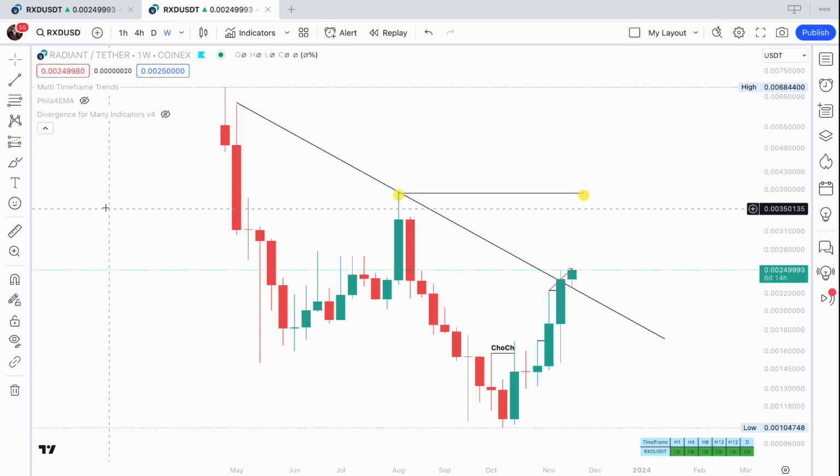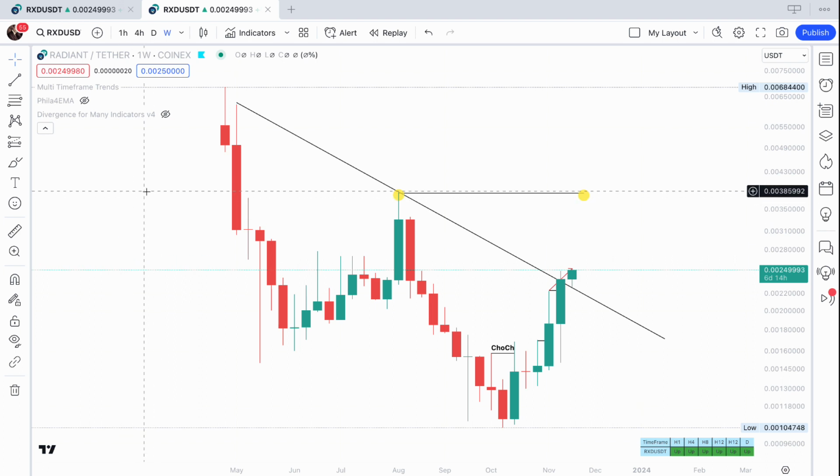Hello traders, this is a chart request for Radiant blockchain, ticker RXD, not to confuse it with Radiant Capital, which has a different ticker. Now, lately I'm getting a lot of chart requests, and I don't mind doing it for you because that's what I do all day, but I want to contribute to you personally and professionally, and the best thing that I can do for you is to show you what you can do for yourself.